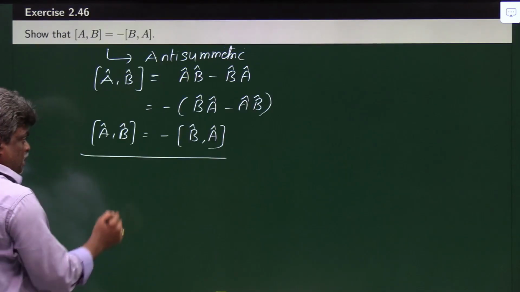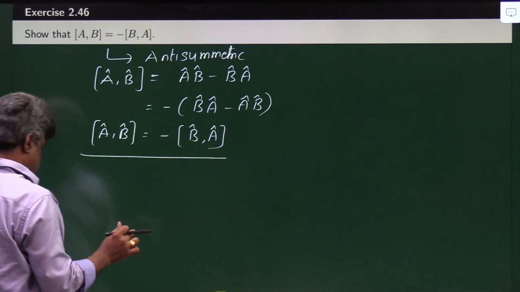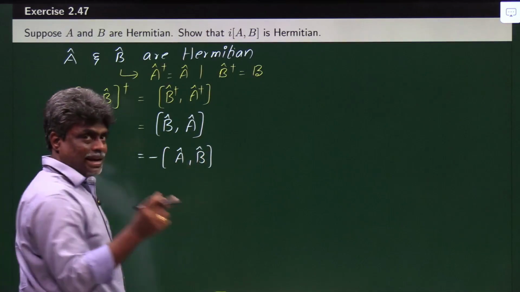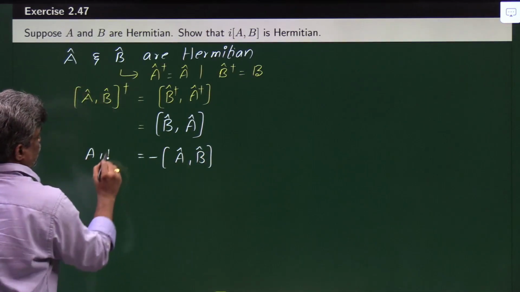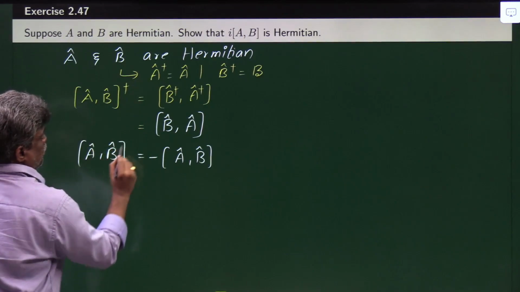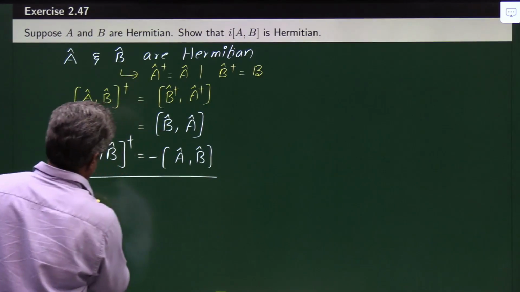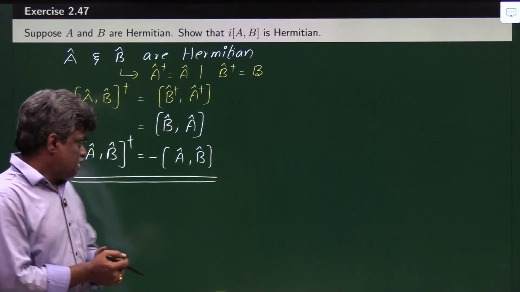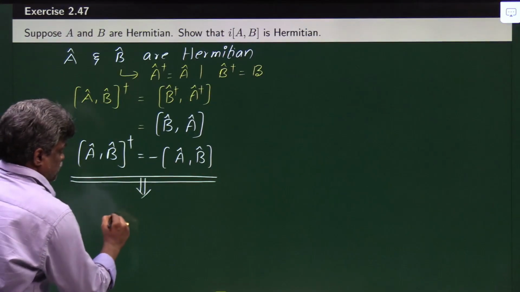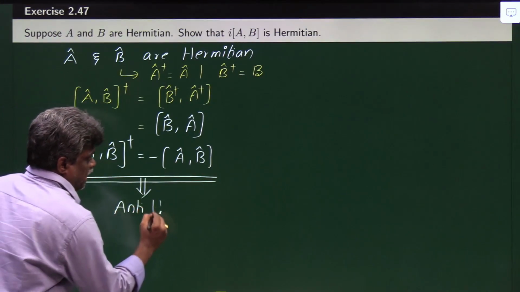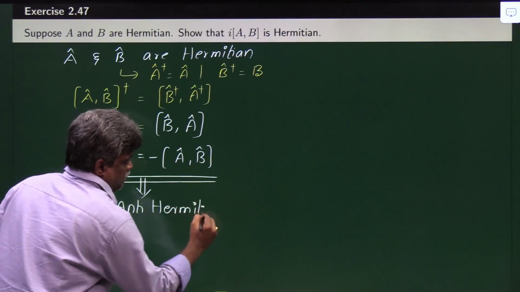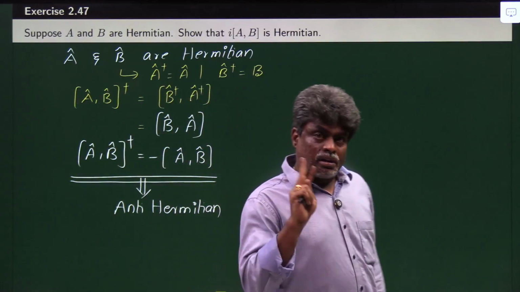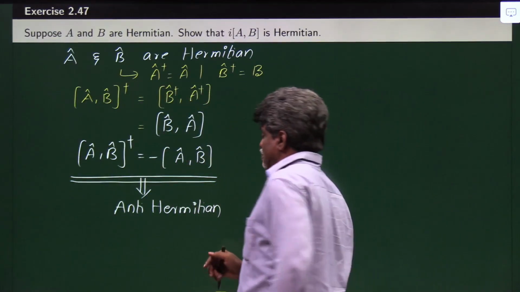So finally we got [A, B] whole dagger equals minus [A, B]. Something whose dagger equals minus of itself is anti-Hermitian. So the commutator satisfies the antisymmetric property, and the commutator satisfies the anti-Hermitian property.